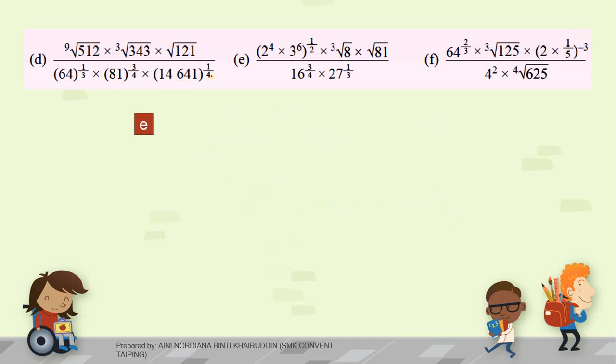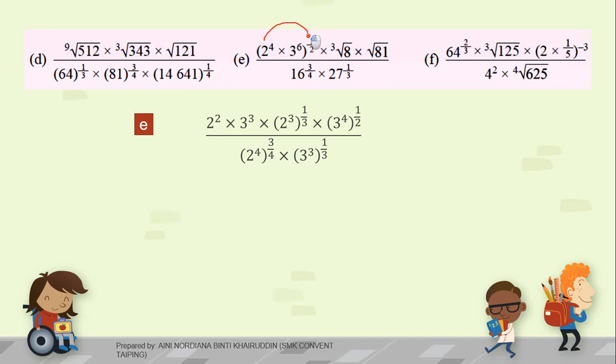Next, for E, take out all in the bracket first. So 2 to the power of 4 times 1 over 2 is 2 square. This one 3 cube. 8 here changes to 2 cube to the power of 1 over 3, times 81 here I change to 3 to the power of 4.